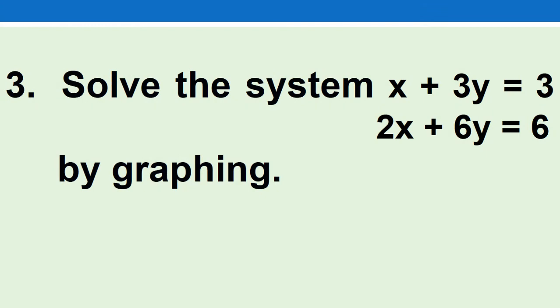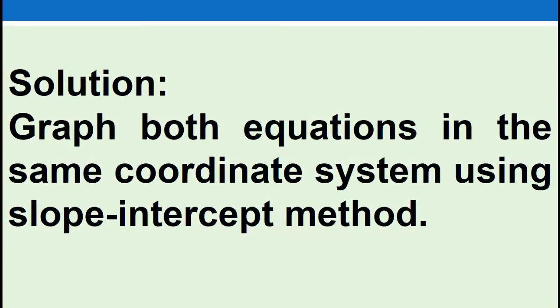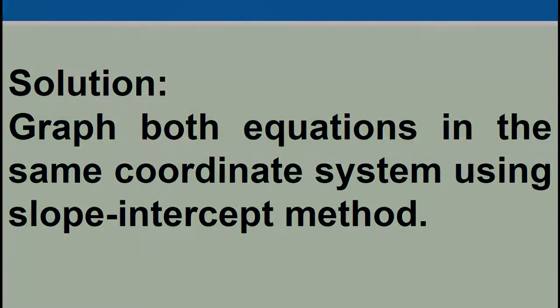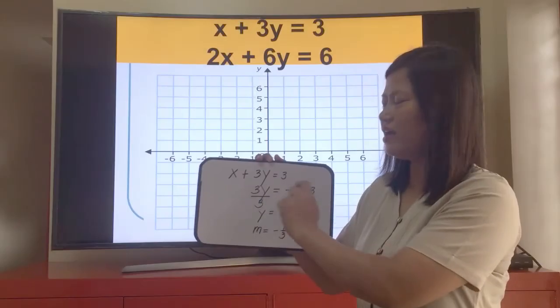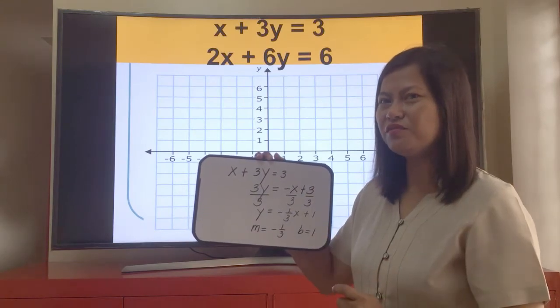3. Solve the system by graphing x plus 3y equals 3 and 2x plus 6y equals 6. Solution: graph both equations in the same coordinate system using the slope-intercept method. x plus 3y equals 3 is in standard form.